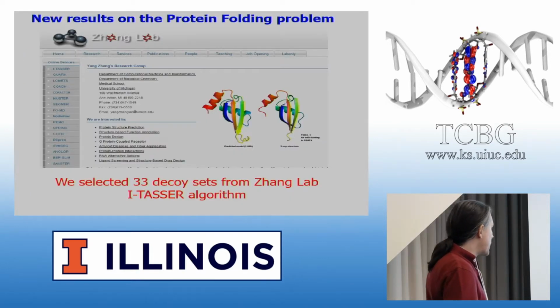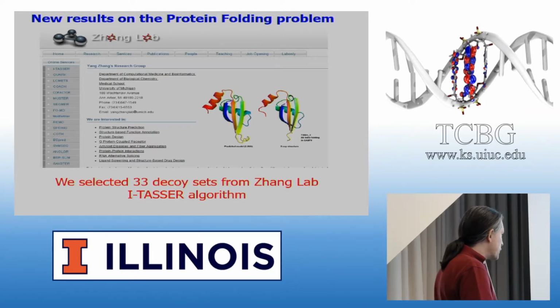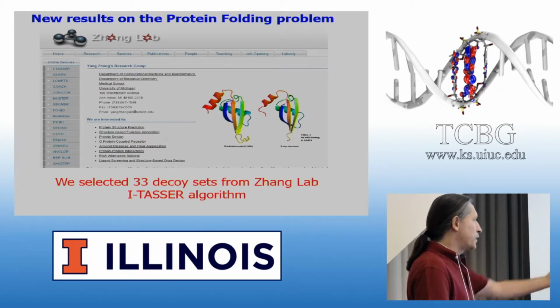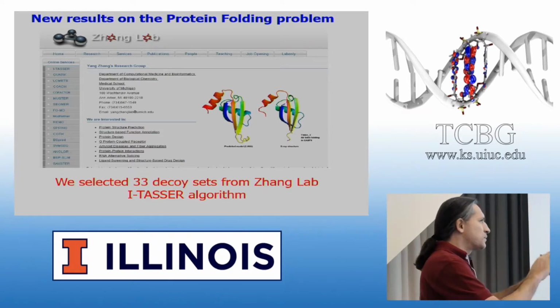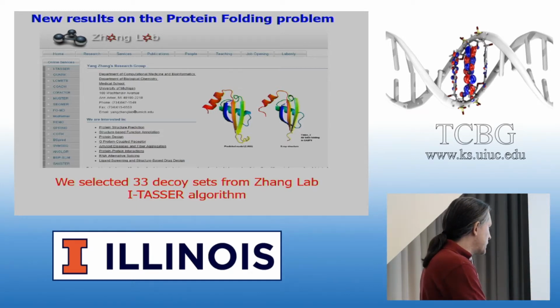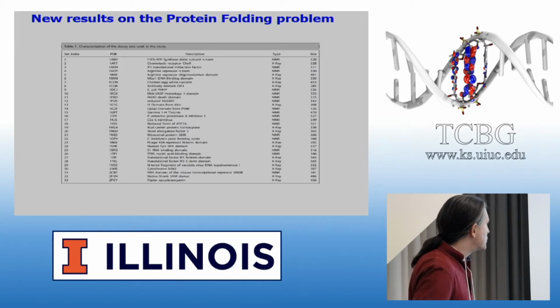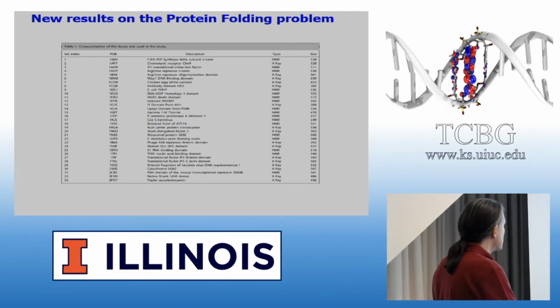Well, we selected 33 decoy sets from the Zhang Lab. We have downloaded this set. In each decoy set, you have about 500 conformations.